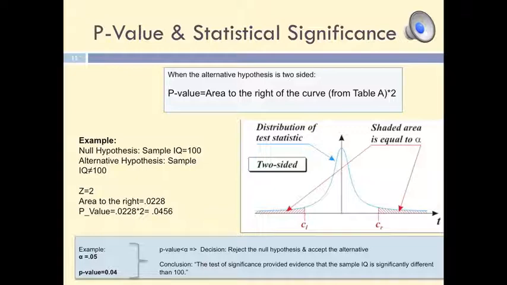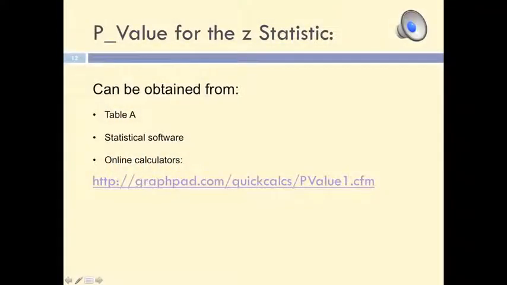If the p-value is larger than alpha, we accept the null hypothesis. In this case, because 0.04 is still smaller than 0.05, we still reject the null hypothesis and we accept the alternative hypothesis.